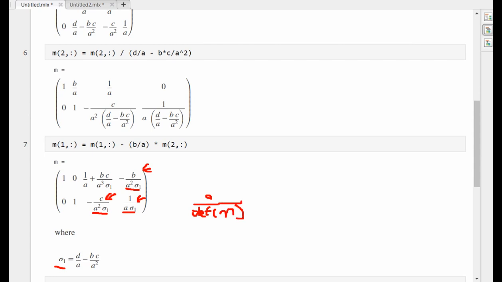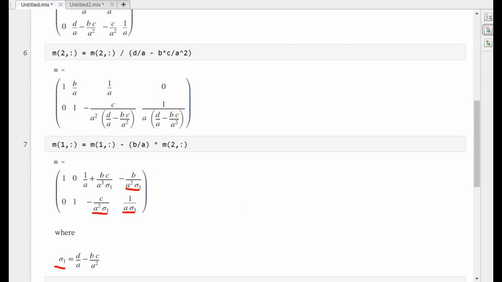Well, think about this. If I have an a squared in the denominator, then a squared times sigma 1 is equal to the determinant of M. So I'm just multiplying on top and bottom by an a. If I multiply by a over a, I have an a squared on the bottom, and that's what produces the a in the numerator. Okay, so that's all fine and good.